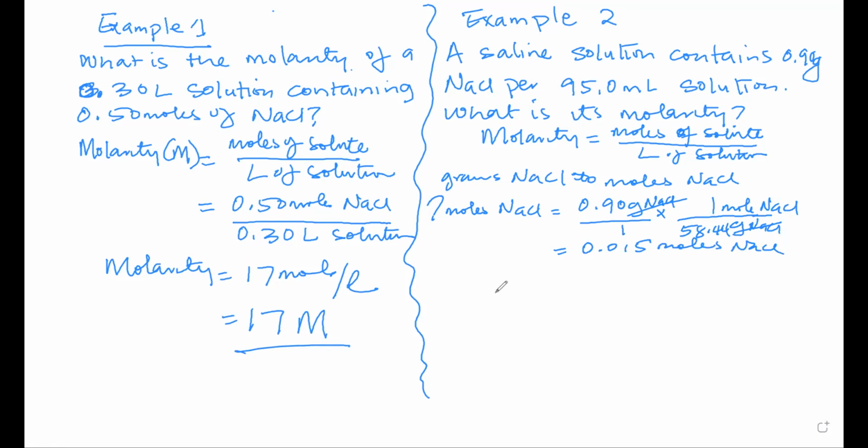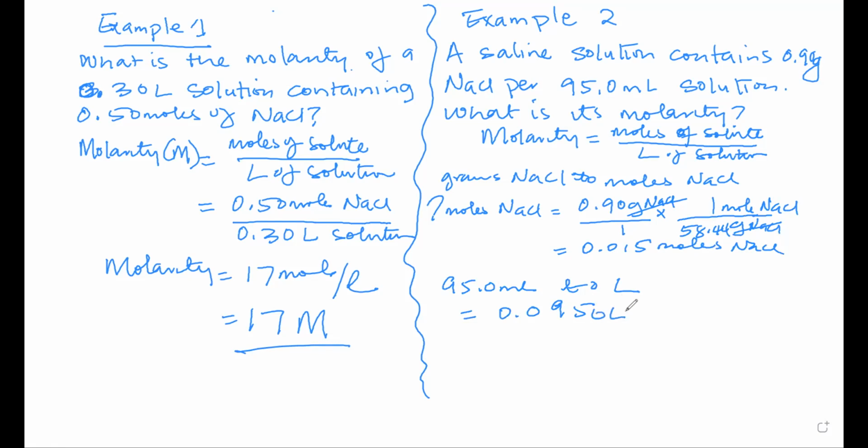Now, we also will convert 95.0 ml to liters, which will be equal to 0.095 liters.